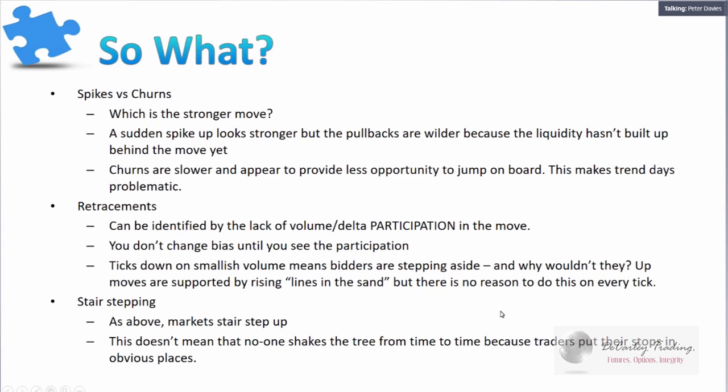So as you move up on a day, you're gathering sellers. Okay, sure, you're moving up because people are buying, but they all need to unwind intraday, or a large proportion of them do. And you often get to a point where you just need to offload some of these sellers before the market can continue up. So sometimes that in itself is enough to trigger a reversal. Sometimes it's just a pullback.